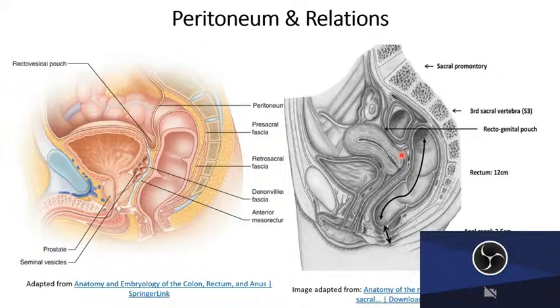But most of the time we describe this because of fluid, especially in radiology or imaging modalities. For instance, in the ultrasound scan, they usually report intraperitoneal fluid, which will gravitate down to this part, which is a dependent area.